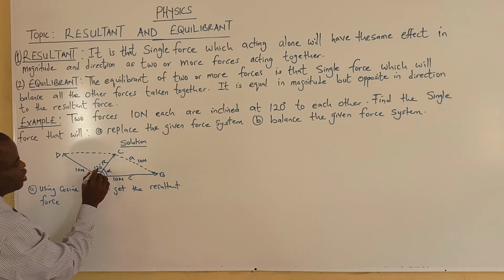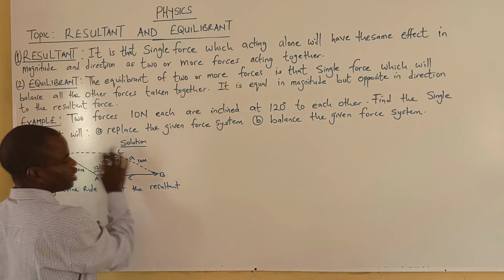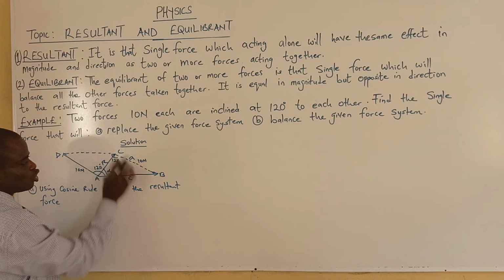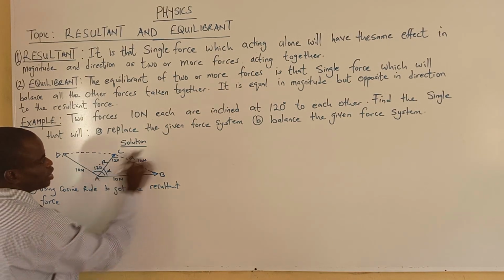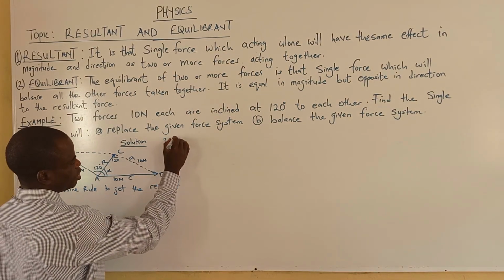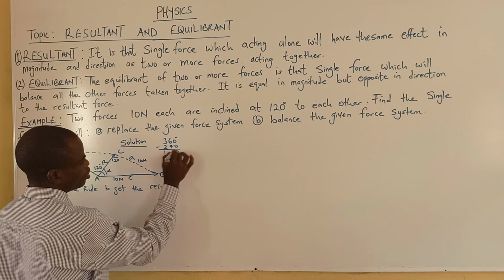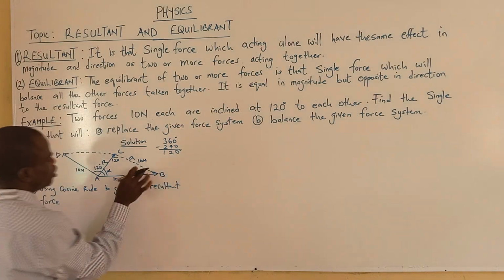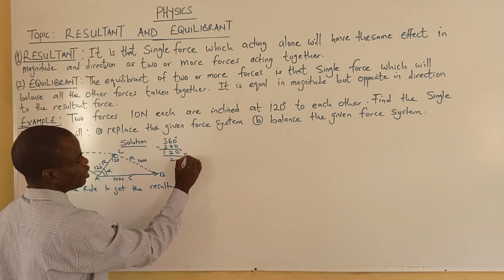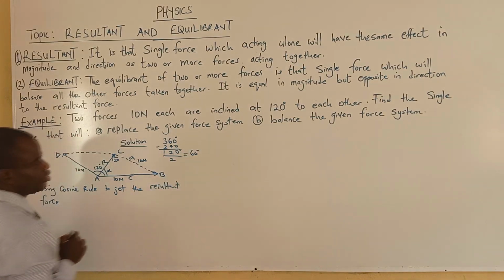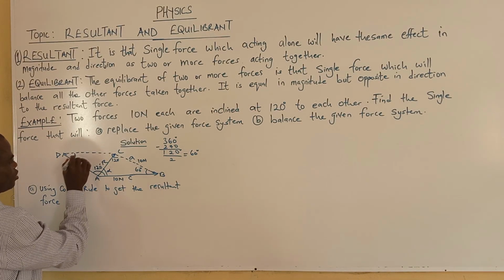If this is 120, this also will be 120 degrees. The sum of angles in a parallelogram is 360 degrees. When you have 120 twice, that's 240. 360 degrees minus 240, you have 120 degrees. That means the remaining two angles total 120 degrees, each of them will now be 60 degrees. This one is 60 degrees.